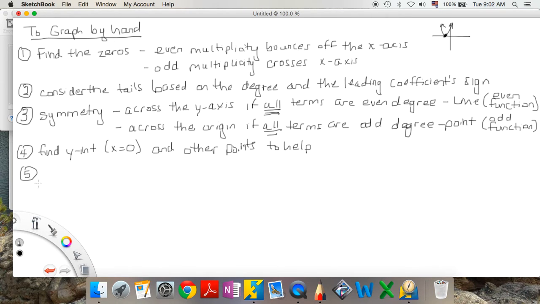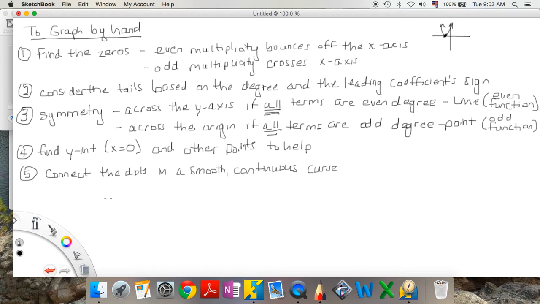And then finally, you connect the dots in a smooth, continuous curve. All right, so 5 steps to graphing by hand.